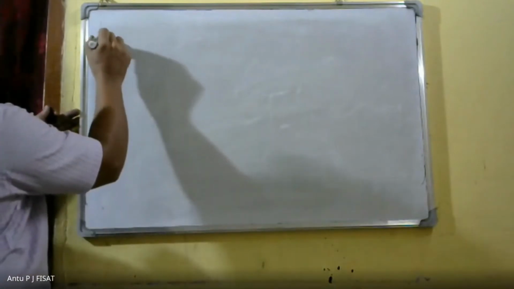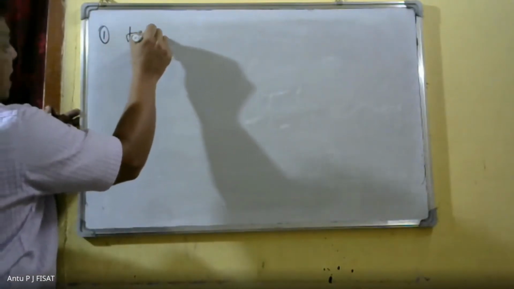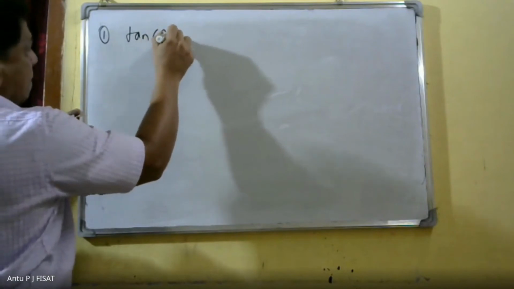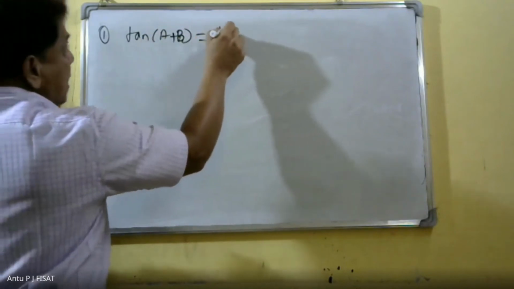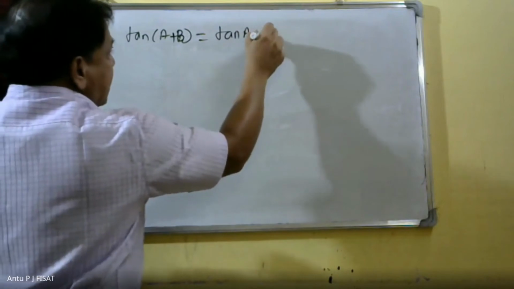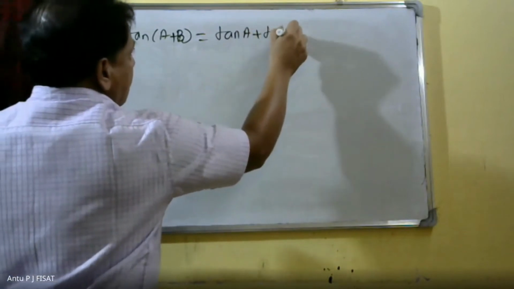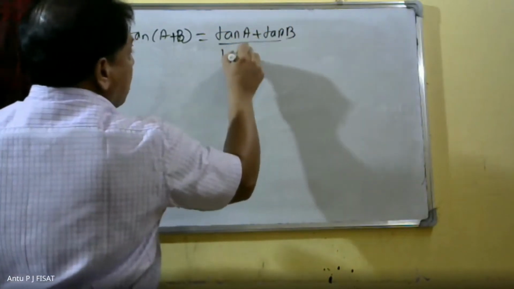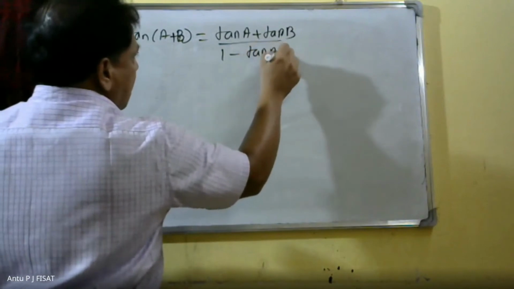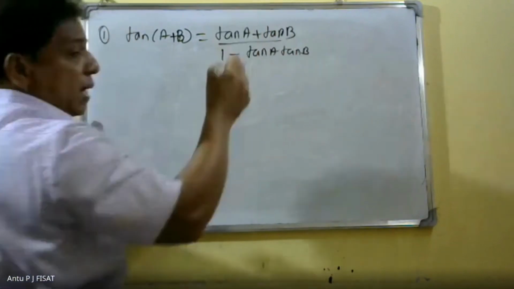Then tan (A plus B). Tan (A plus B) is equal to (tan A plus tan B) by (1 minus tan A tan B). Another formula, tan formula.